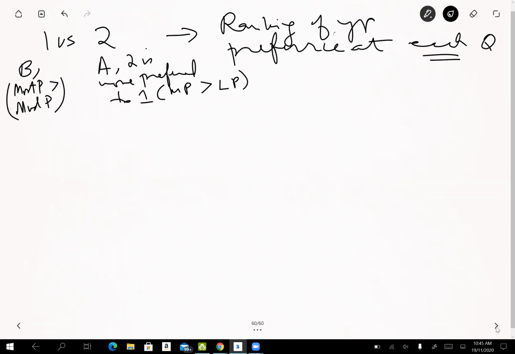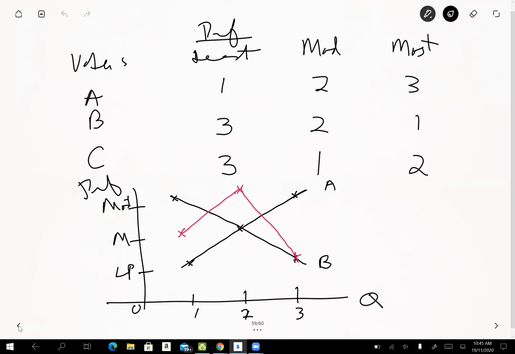So you've got 1 vote for each. Now the third one will make the difference. Now you look at C. Which one does he vote for? You've got 1 against 2.